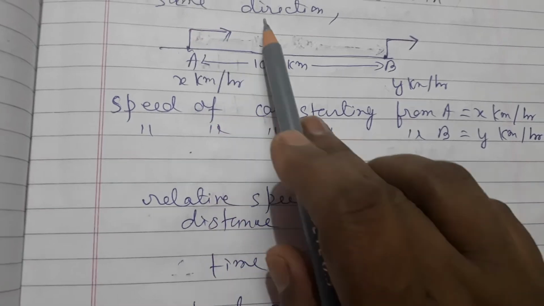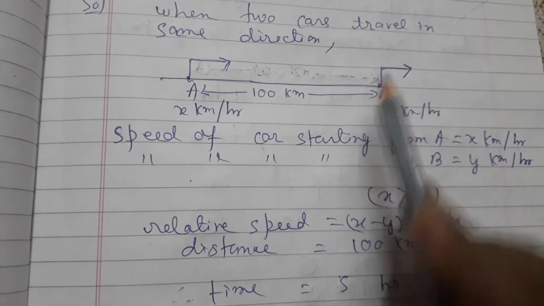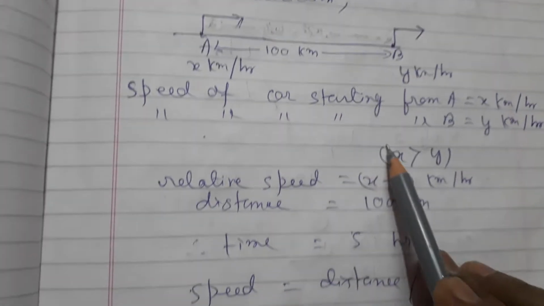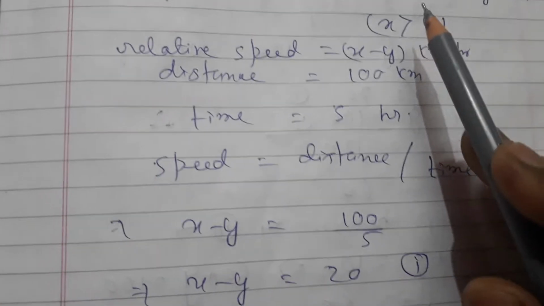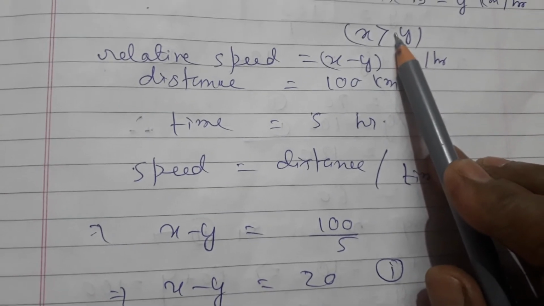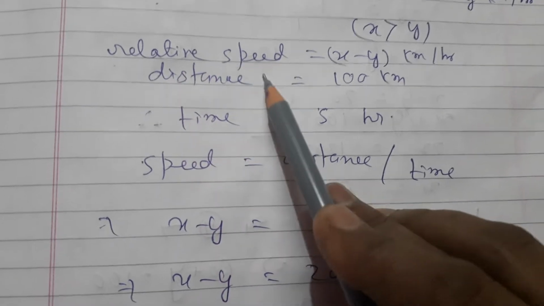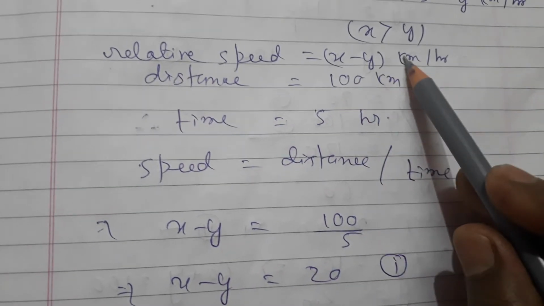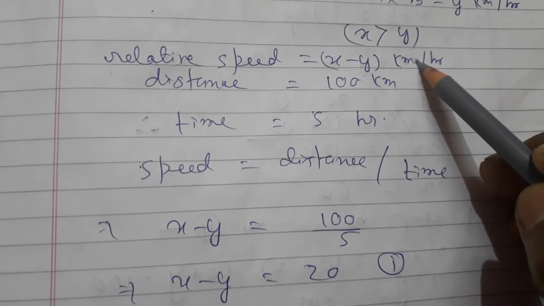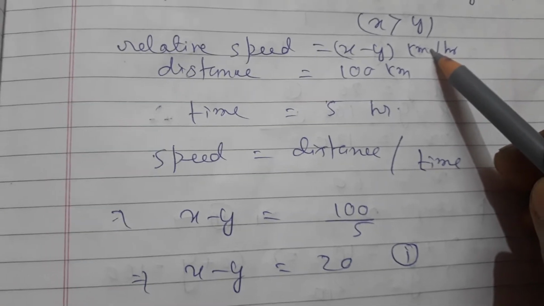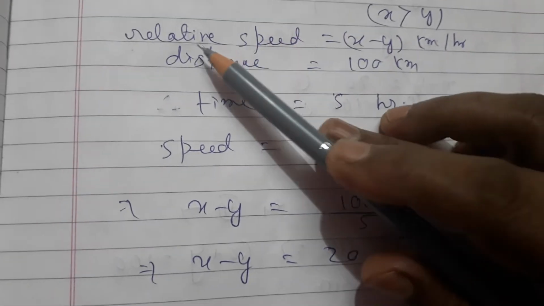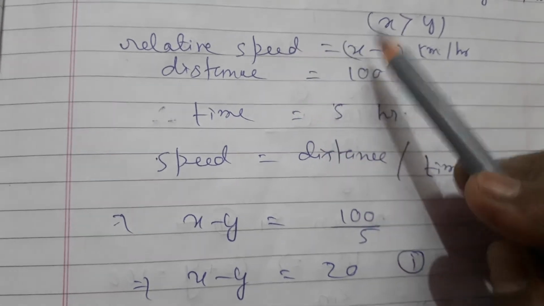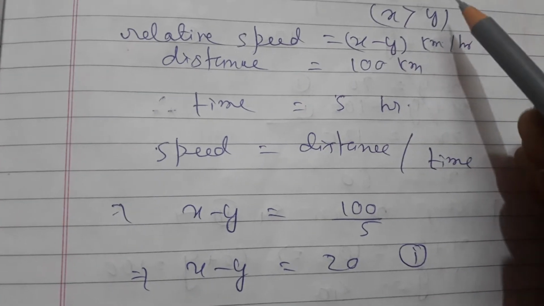And now look at the figure, both directions are the same. Now relative speed, here x is greater than y. The speed of x must be greater than y. And relative speed is equal to x minus y km per hour. When the direction of both cars is the same, then you know the relative speed is x minus y km per hour.